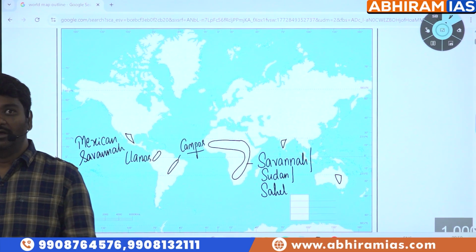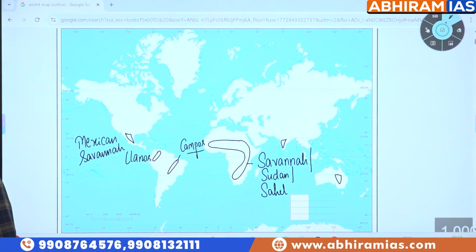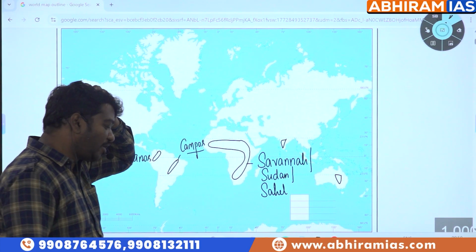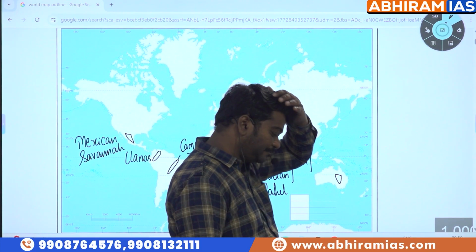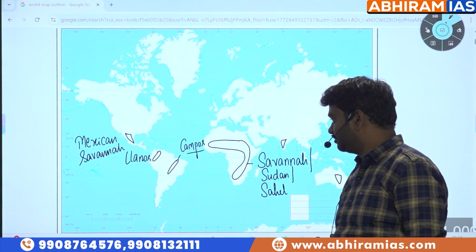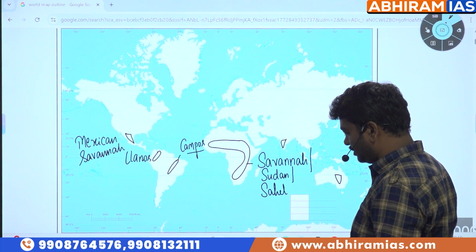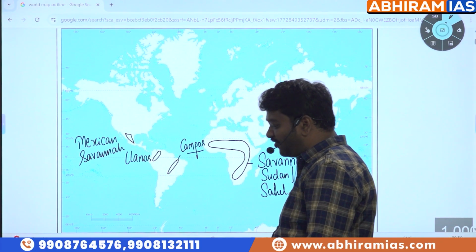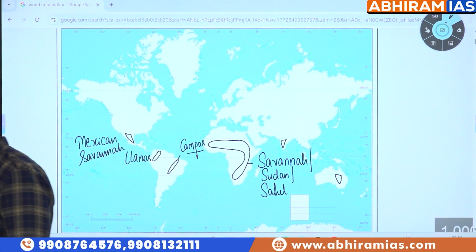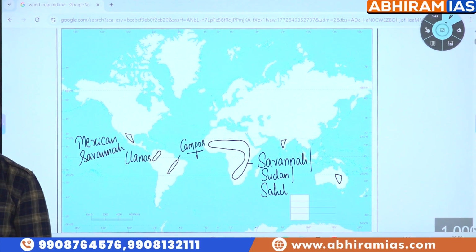Next point, leeward side or continental climate, rainfall is less.